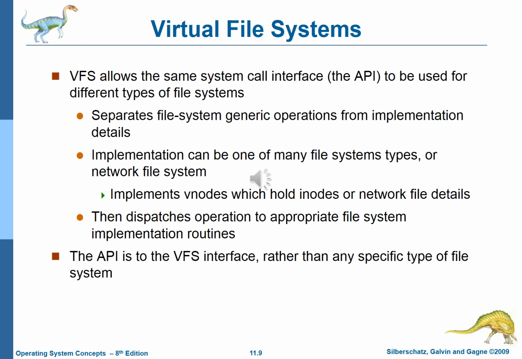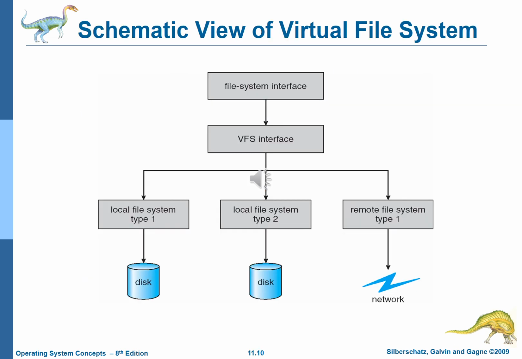Whatever you are reading or writing is actually being read or written to that file. A virtual file system provides some interface. The content may be read or written to a local file system or a remote file system, or the content may be distributed among different file systems.